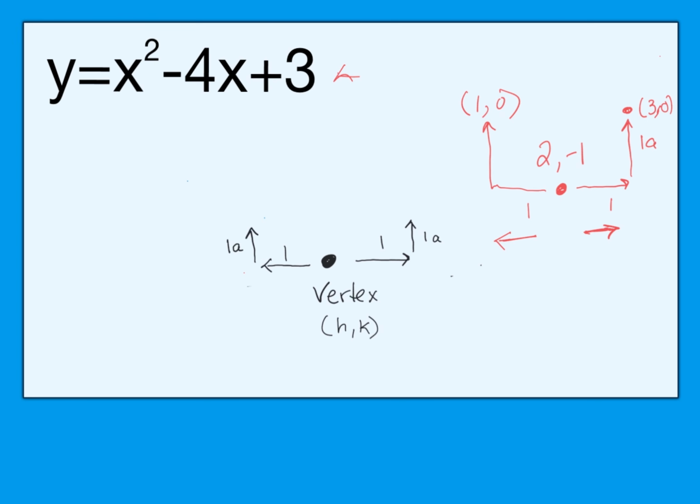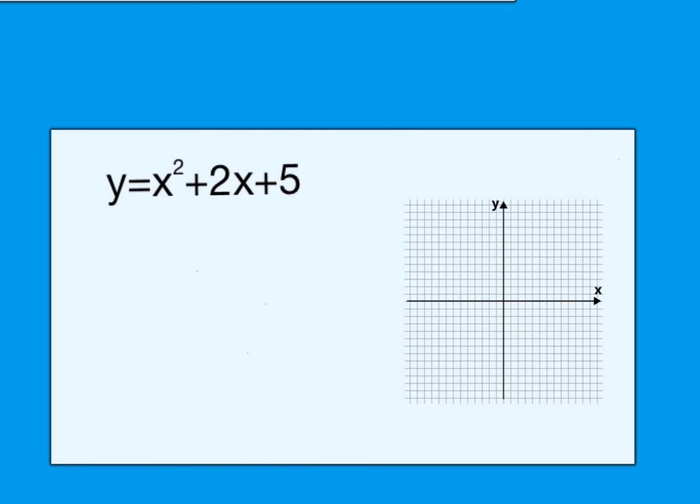Okay? Now, if this is a little bit unclear, let's take a look at this latest one that we're working on. Let's go back to this example, and we're going to graph this. Now remember, we had 2 points, right? We had (0, 5), and we had (x plus 1) squared plus 4, so we also had (negative 1, 4).